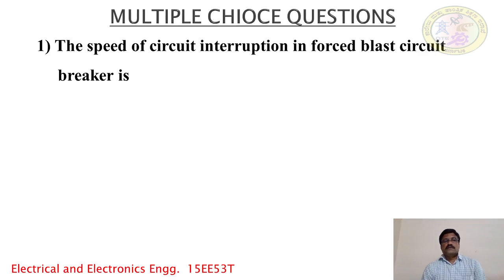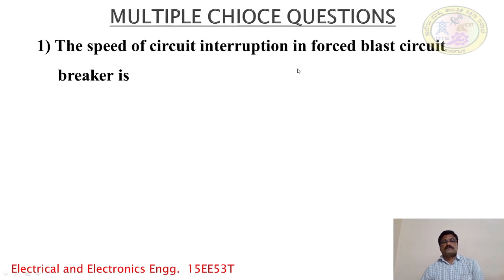So related to the maintenance of different types of circuit breaker, some multiple choice questions arise. The first question is: the speed of the circuit interruption in a forced blast circuit breaker is what? Definitely in every circuit breaker the interruption takes place during fault conditions.